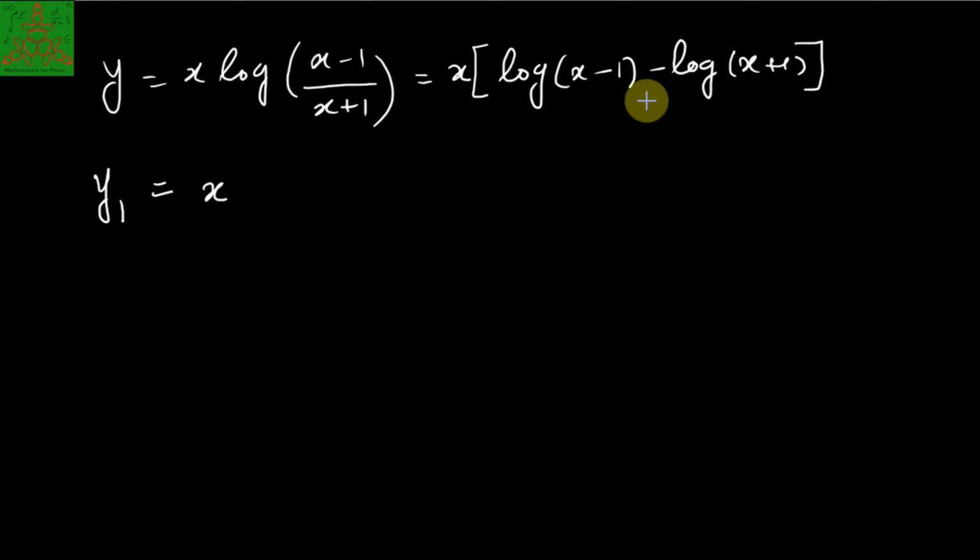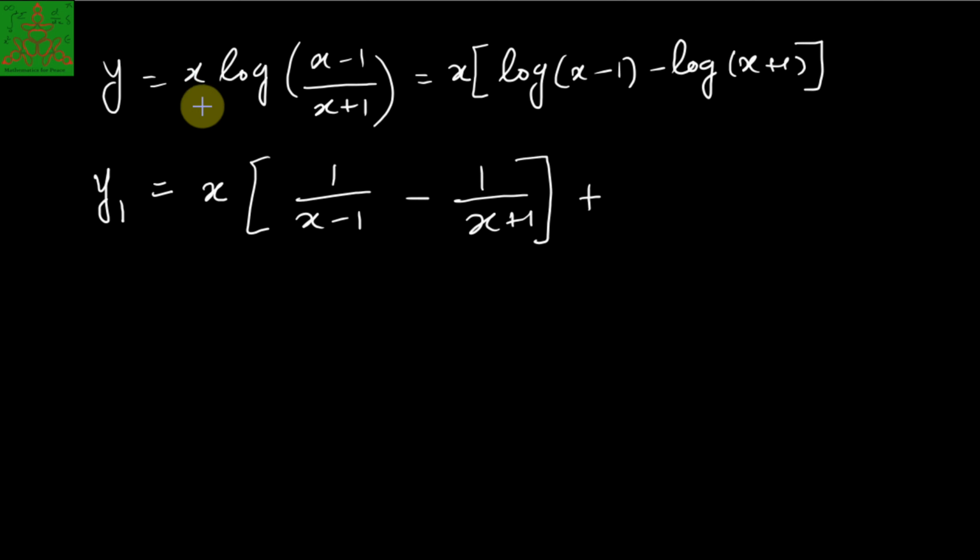If I use the derivative formula, the derivative of log of x minus 1 will be 1 upon x minus 1, the derivative of log of x plus 1 is 1 upon x plus 1, plus the derivative of x is 1, and the log x minus 1 minus log x plus 1 will be as it is.